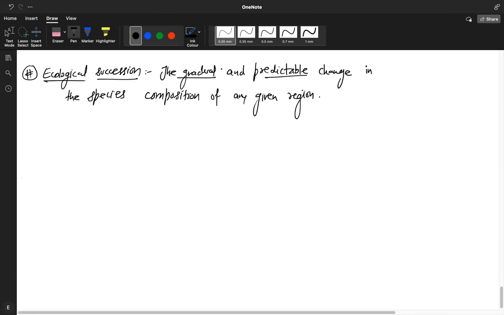Is that clear, everyone? Now, the difference between primary and secondary succession is that primary succession is always very slow.